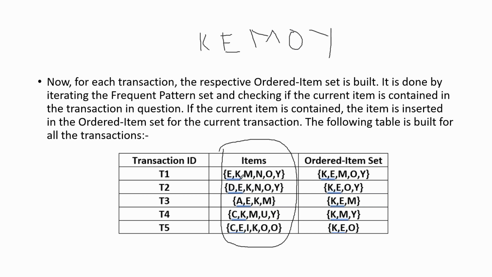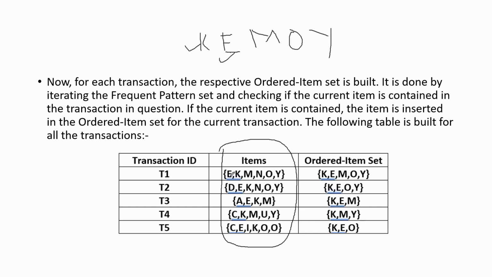Okay, this was the order. So what we have to do is look in this transaction first for K. These were our frequent items, so we have to look for these items in these transactions individually. First, we look in T1 for K. If K is present there, yes, K is there, so we will write K here first. Then we will look for E in this transaction.